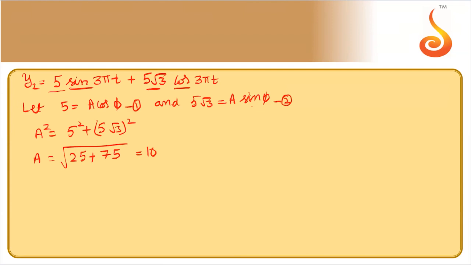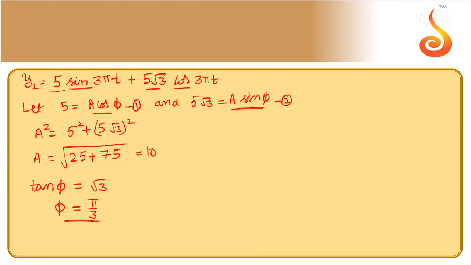Now divide these two: a sin phi divided by a cos phi will be tan phi, which is equal to root 3. So phi is pi by 3. Correct?